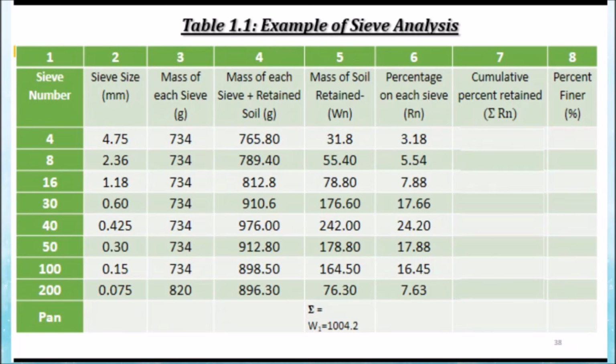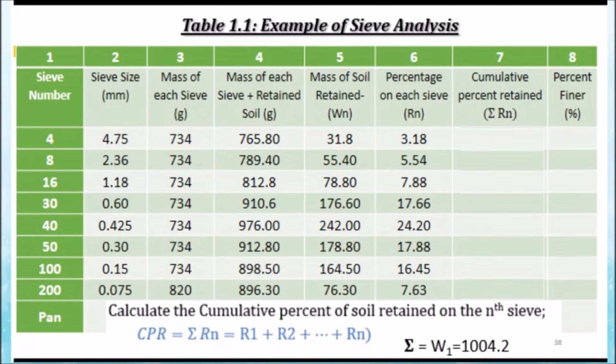We are asked to determine the cumulative percent retained until sieve number 200. So, pagdating dapat ng sieve number 200, 100% na siya. That is simply 3.18 plus 5.54.